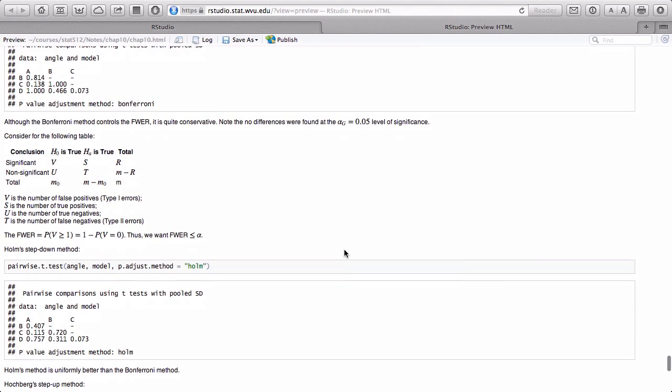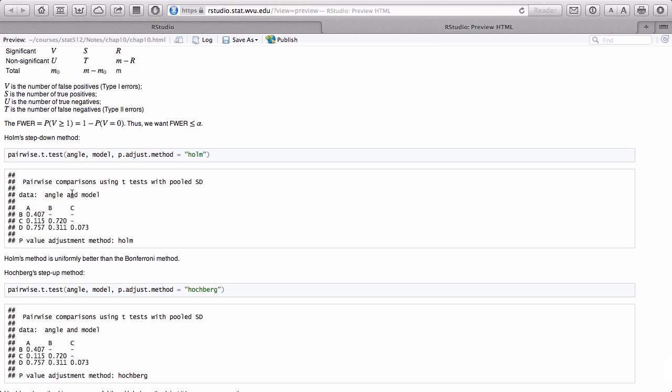Various people have tried to correct this, and one of the common methods is Holm's method, called Holm's step-down method, and I can show you how you compute those adjusted p-values. The pairwise.t.test actually lets you do Holm's method, and it's uniformly better than Bonferroni, so there's really no reason to use Bonferroni.